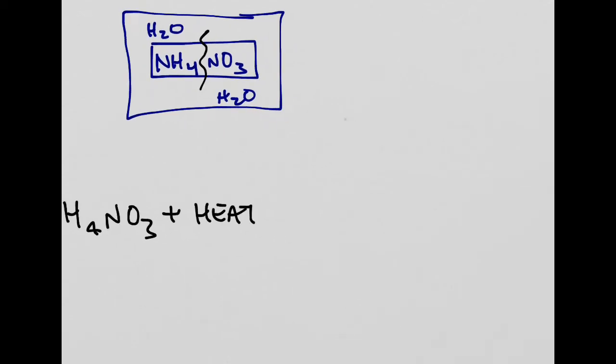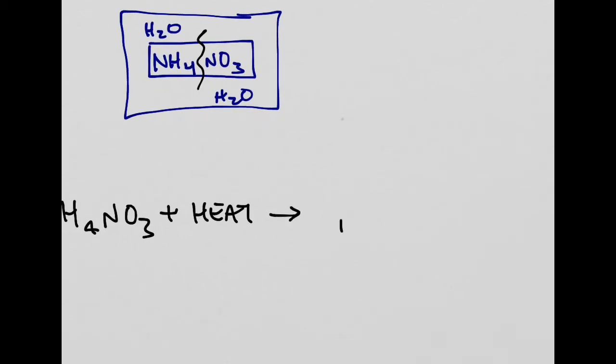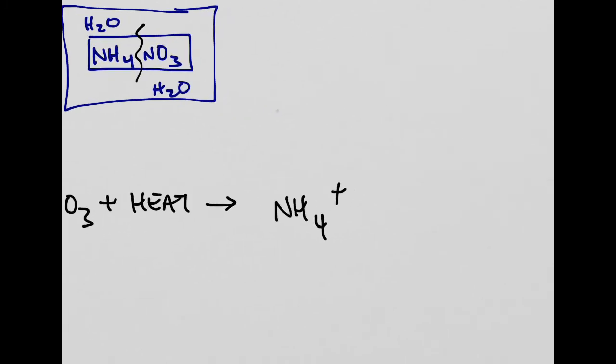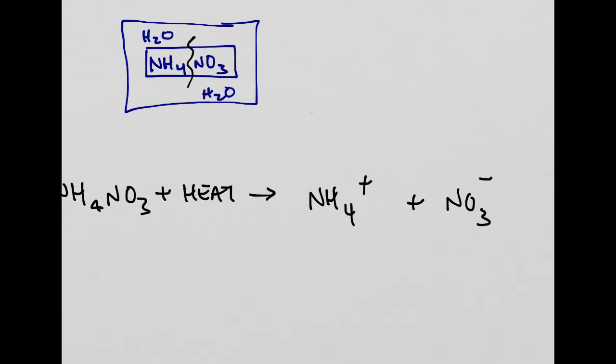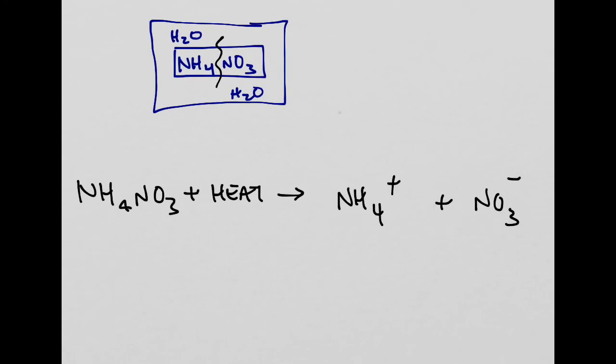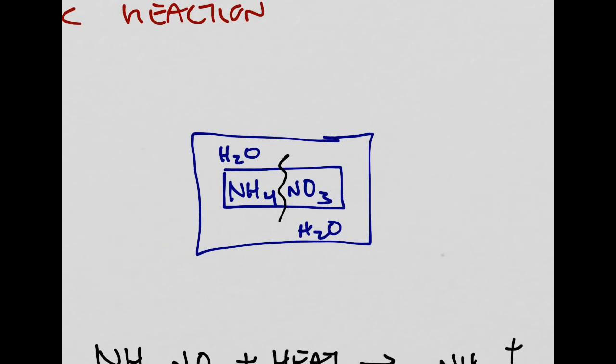So now we have heat as a reactant to create the NH4 plus and the NO3 minus. Oh, stop, hold on, let me erase that. That's better. Okay, so the process of that dissolving is going to create an endothermic situation where all the heat that's surrounding this area is actually going to go into the bag.